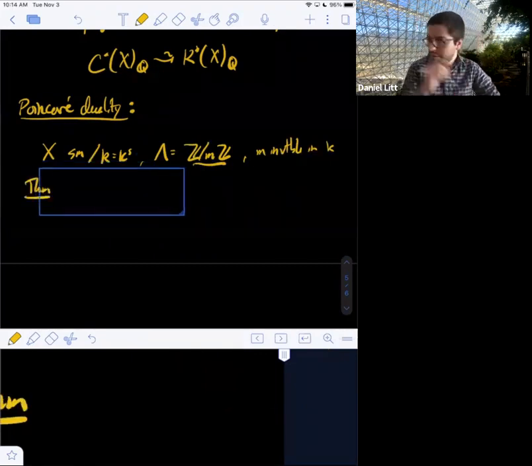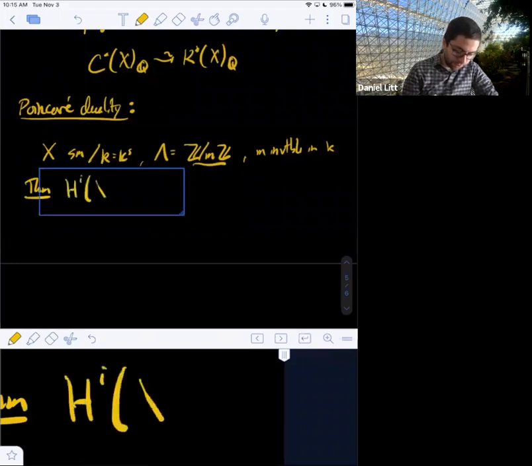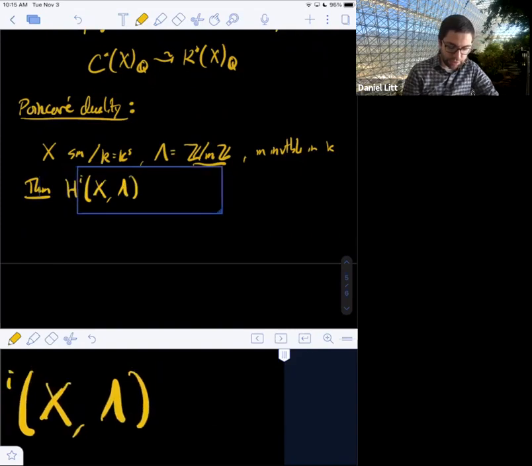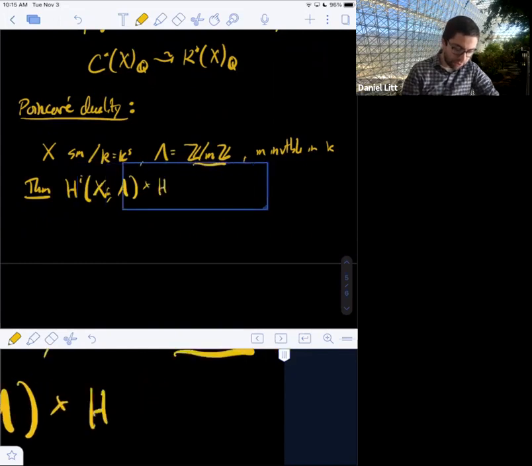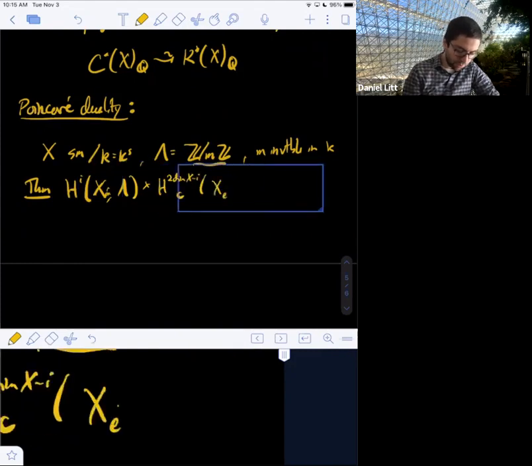So this is just an analog of Poincaré duality for manifolds, which I'll recall briefly. There's a cup product pairing from the cohomology of X with coefficients in lambda, times the cohomology in degree 2 dim X minus i compactly supported with coefficients in lambda twisted by d.